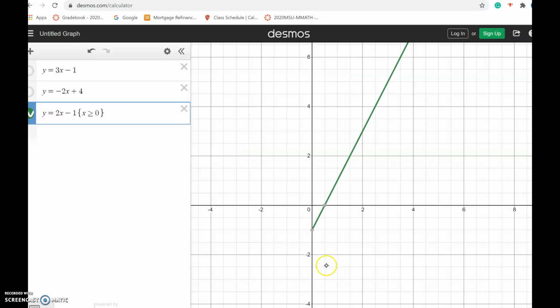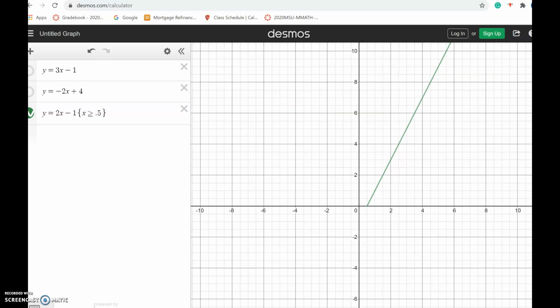Most likely, if we were collecting data, our graph will actually start here, but we're not given any conditions. So other than that, it's minutes, so you cannot have negative minutes. So that would be okay to start at 0. But in reality, if we were collecting data, it appears that x will be greater than or equal to technically 0.5.